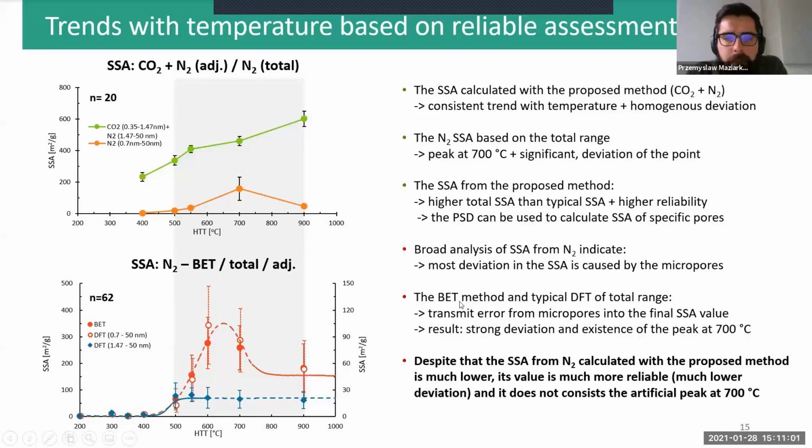BET and DFT in that case show a very similar trend, but also peak at 700 degrees and a very strong deviation in here. So for the 62 points that we have, the deviation between the points was very significant. And we assume that this was mostly related to the inaccurate assessment of the micropore region below 1.47.